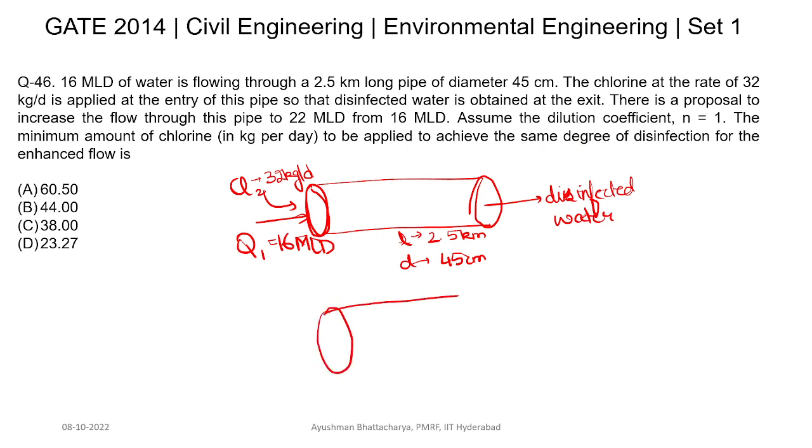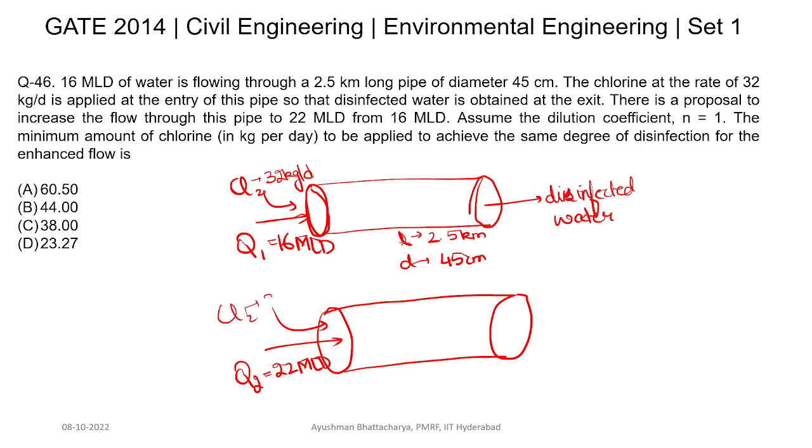So this is another pipe, in which Q2 is 22 MLD. Now they are asking how much Cl2, X kg per day, needs to be applied to achieve the same degree of disinfection.